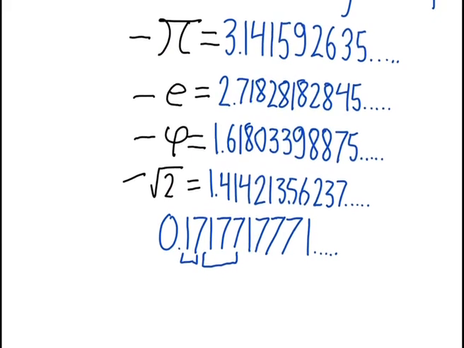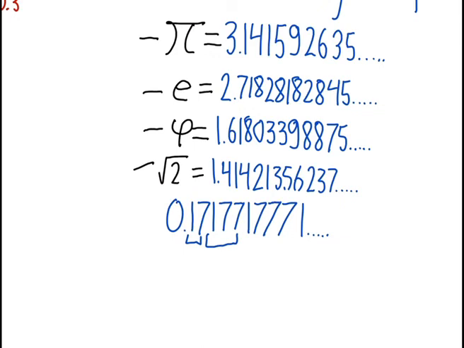Now, one more thing to clarify is that I said that this over here, phi, is the golden ratio. You may be wondering, if it's a ratio, how can it be irrational? The answer is this.